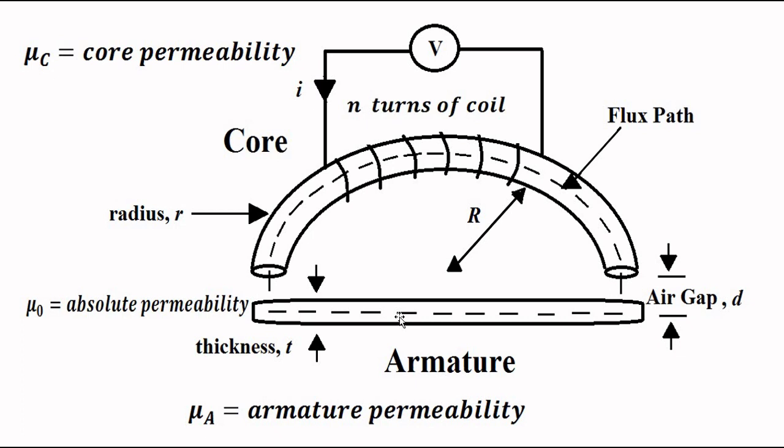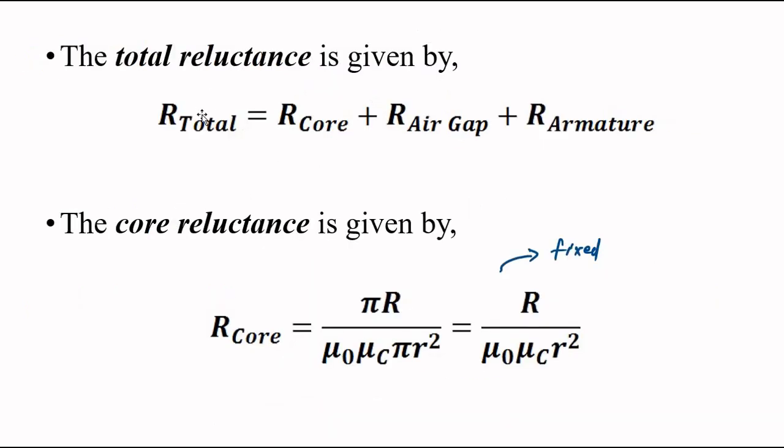As the air gap reluctance changes, the total reluctance also changes, because everything else is fixed. Only the air gap contributes to the change in total reluctance, because it is variable.